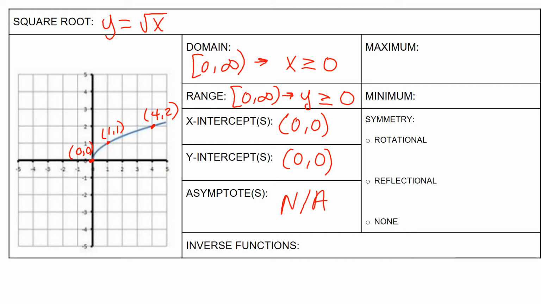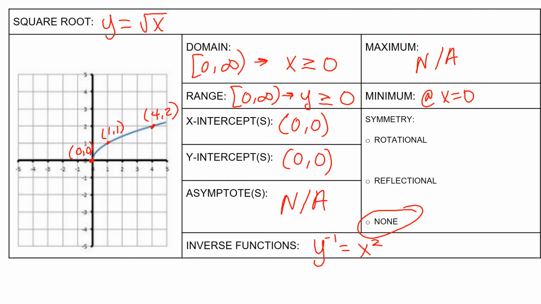Because I'm going forever and increasing, there is no maximum. My minimum is at x equals 0. And is there rotational, reflectional, or none? None. Okay? Its inverse function is the quadratic.